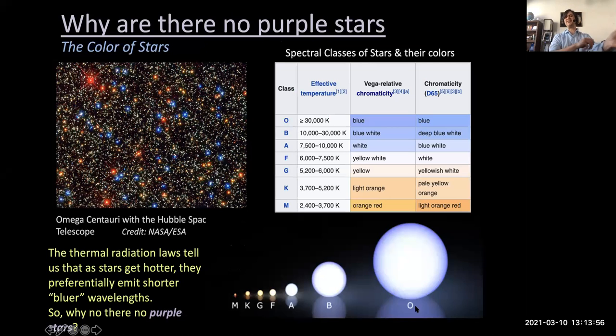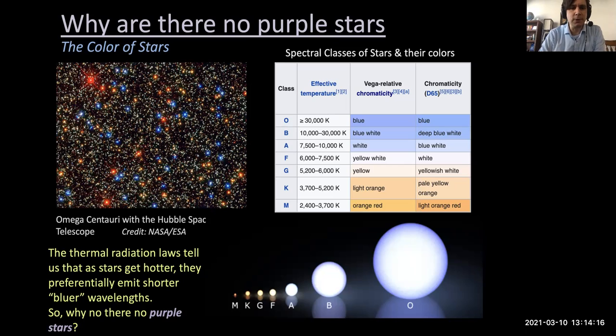All right, so now let's take this idea and run with it and talk about the colors of stars. Because if you look out, and this is just looking at a globular cluster, a whole bunch of stars, hundreds of thousands of them, some millions of them, all in the same region of space, tightly packed together.